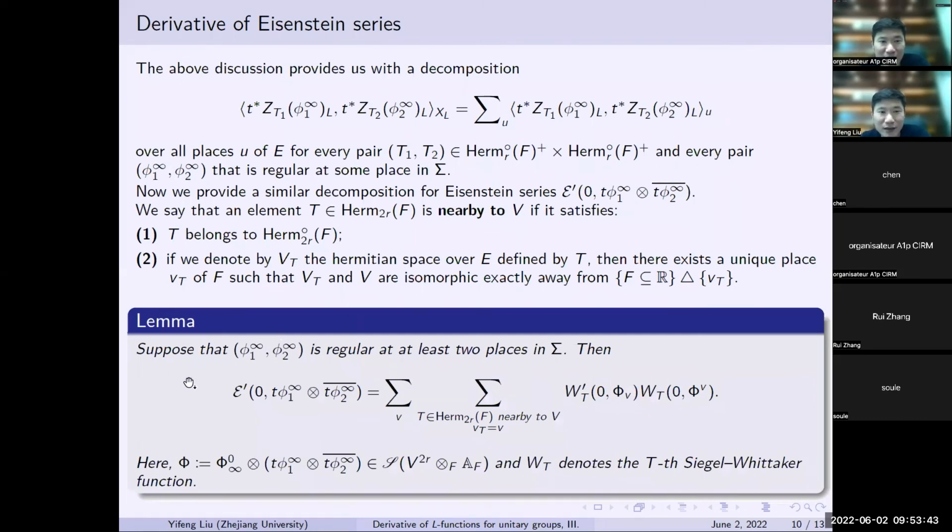So here is the lemma. Suppose that phi1, phi2 is regular at at least two places in sigma. That's why we require sigma to have at least two elements.